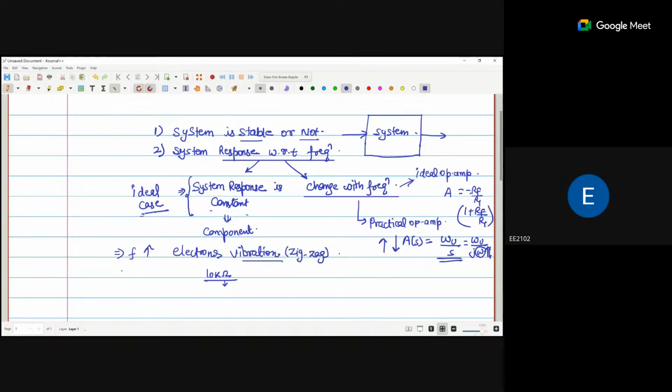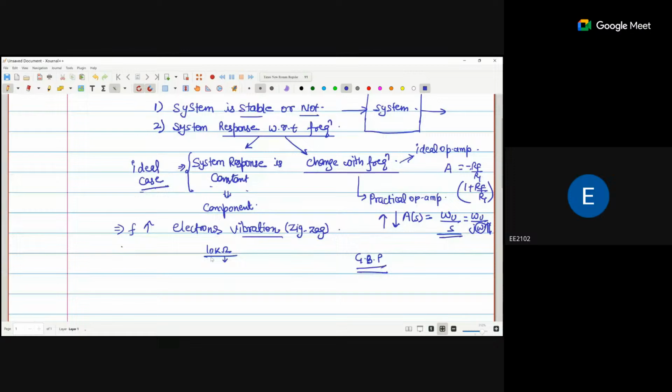So for every system, one important parameter is the gain bandwidth product, GBP. That means the gain multiplied by the bandwidth is always a constant. If you increase the gain, bandwidth decreases.